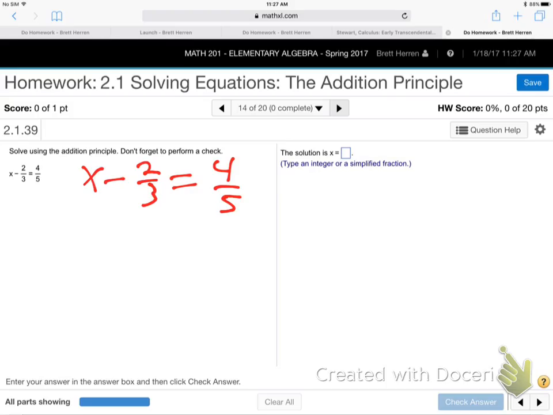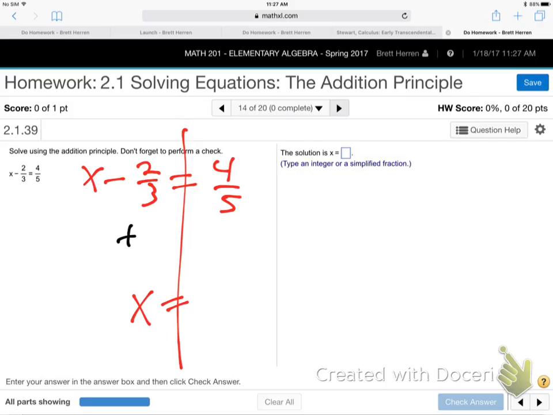Always focus your attention on x and whatever's next to x. So it's going to be negative 2/3. X is saying I want to be alone. Whatever's next to x, we do the opposite.